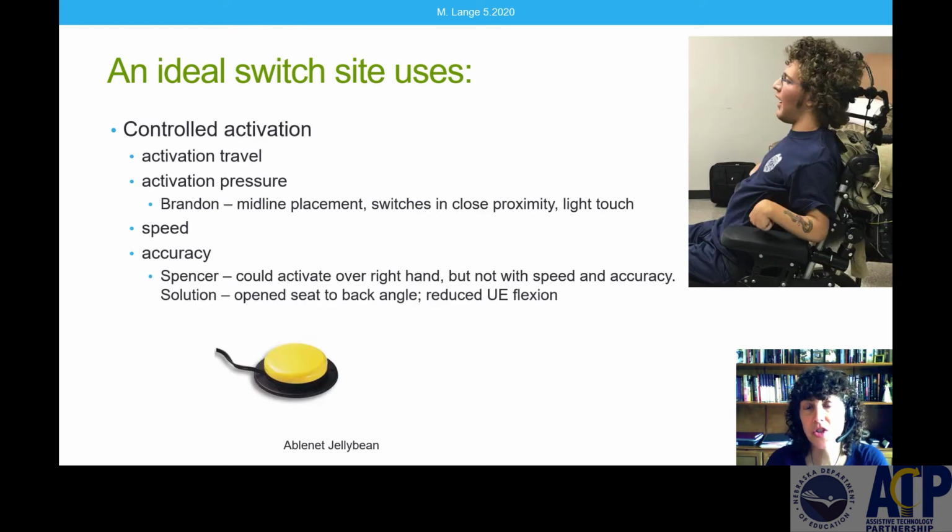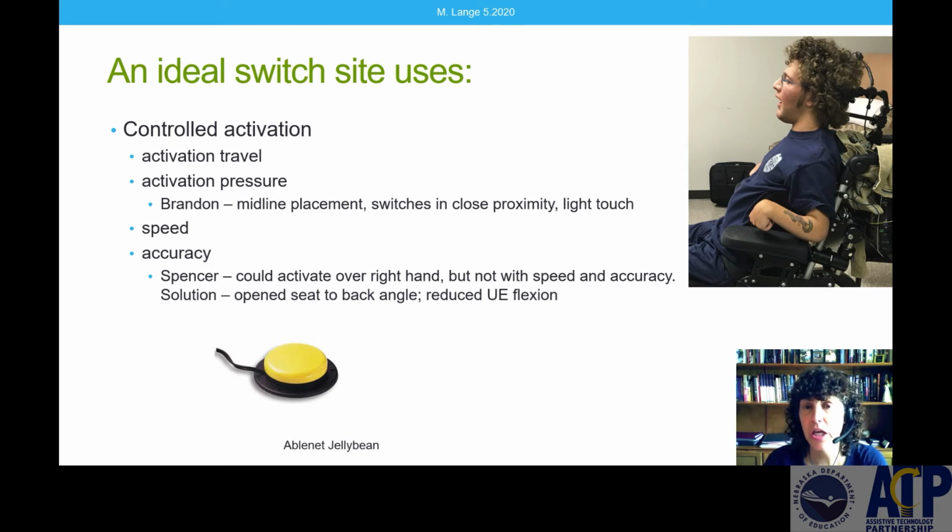An ideal switch site also uses controlled activation, where we reach out and actually activate the switch. This requires activation travel. I have to reach to the switch, and pressure if this is a mechanical switch. Now, electrical switches do not require force, and we'll be talking about that later in this series of videos. I'll give you an example. Brandon has muscular dystrophy, and he was having more and more difficulty using a standard joystick on his chair.